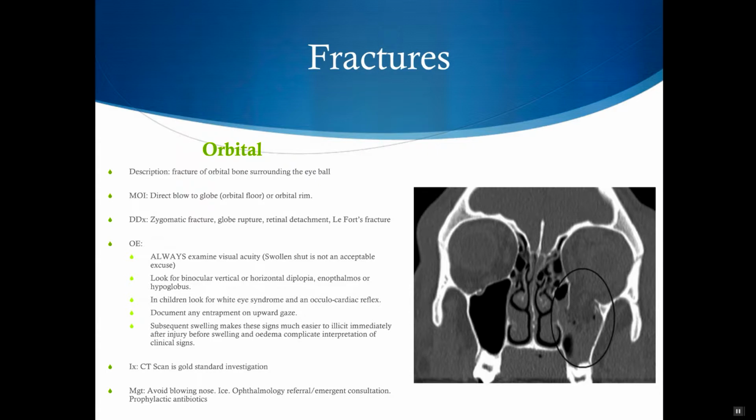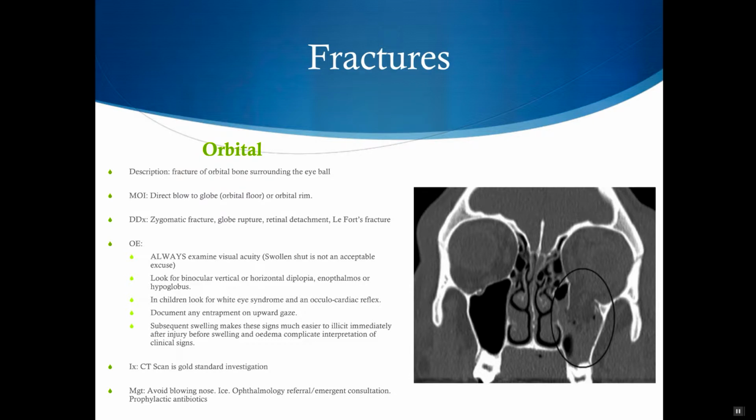So a couple of things when you take a look at the image to the right. This is a CT scan, and that's the gold standard for taking a look at the majority of facial fractures. One of the things that happens with orbital floor fracture is that you get resultant hematoma and swelling as a result of the fracture that affects the infraorbital space.